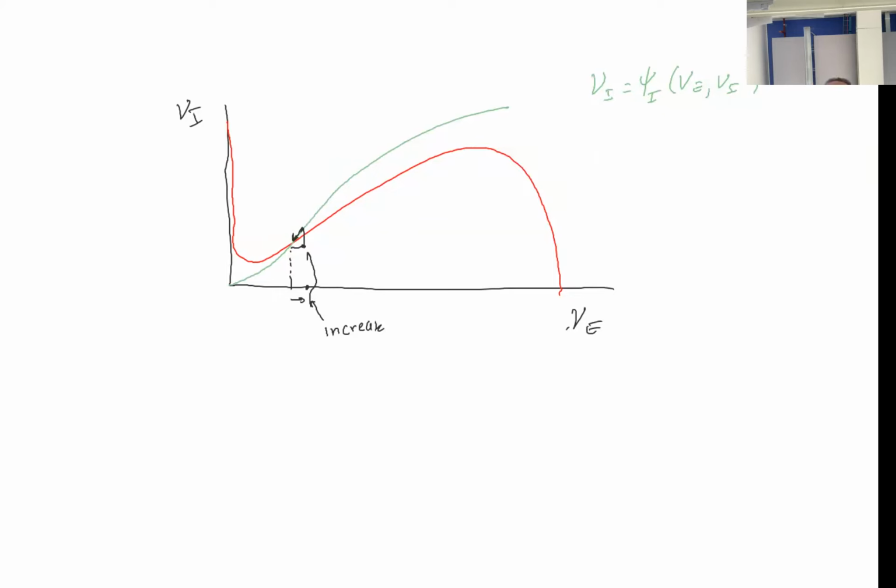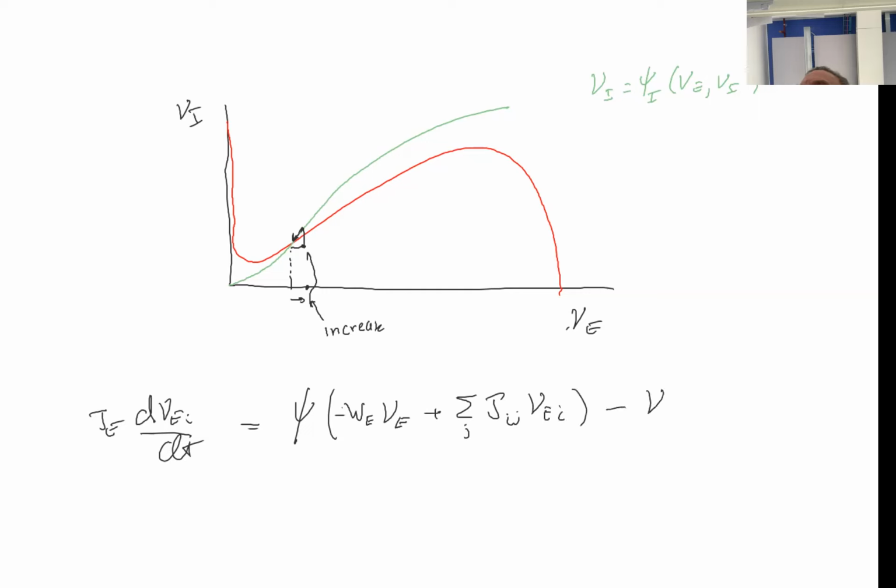Fast inhibition really means that tau E d nu EI dt equals, I'm going to write it as some other psi of minus nu E plus the sum on J of J I J. I'll put a weight in here, some effective weight, minus W E nu E J J nu E J minus nu E. So this is basically in excitatory neurons.